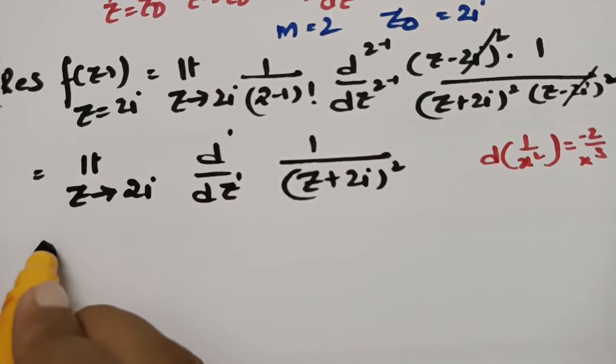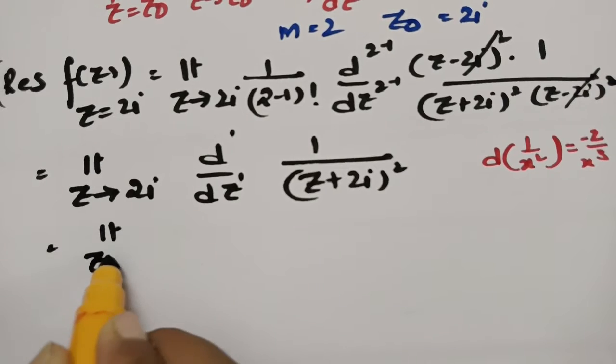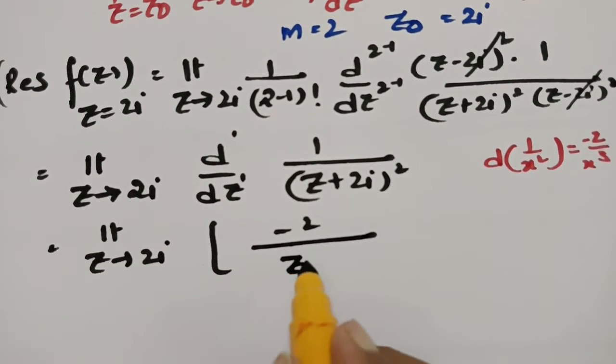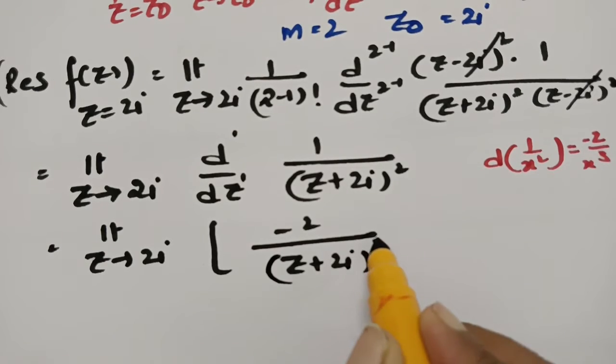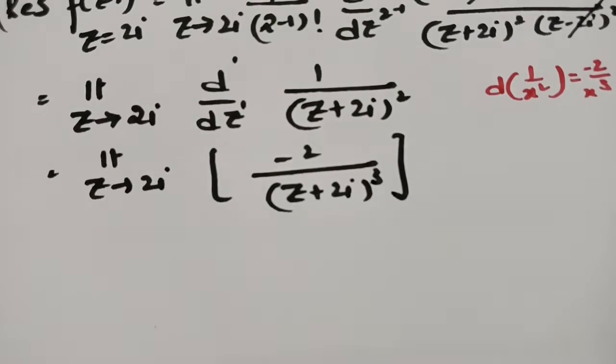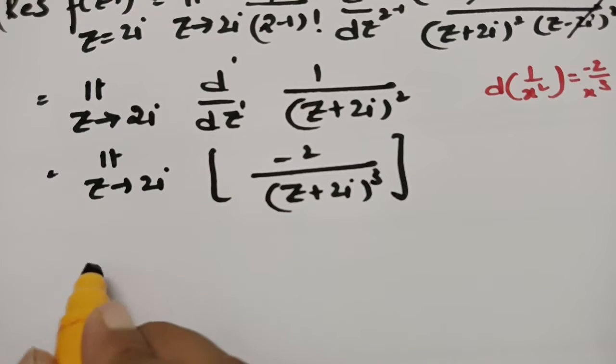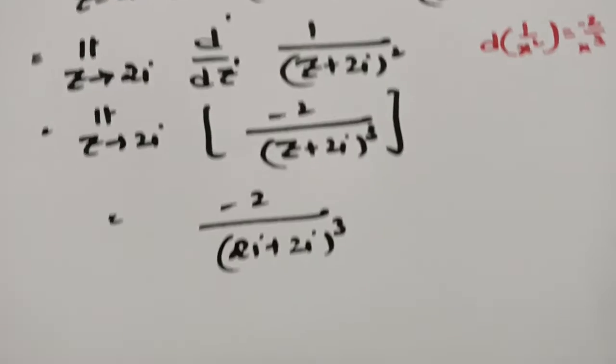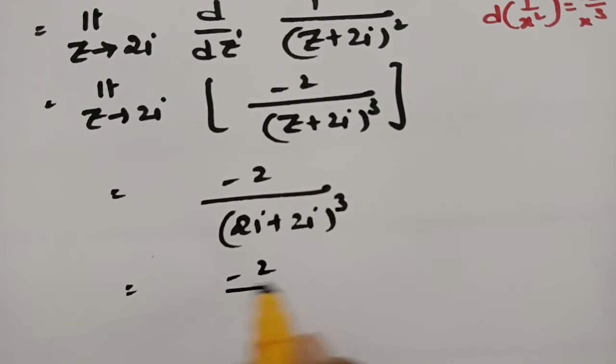So this will be limit z tends to 2i. If I take the derivative, this will be minus 2 by (z plus 2i) cubed, and again we have to substitute 2i in place of z. So this will be minus 2 by (2i plus 2i) whole cube, which is equal to minus 2 by (4i) whole cube.